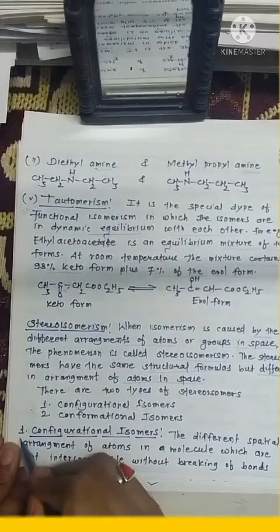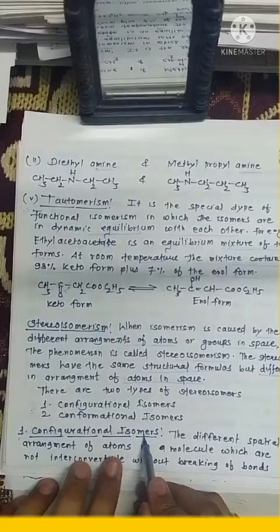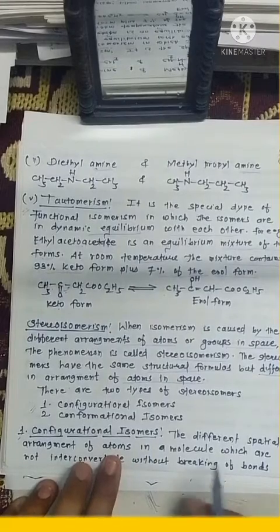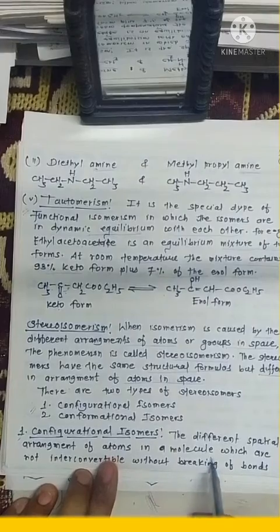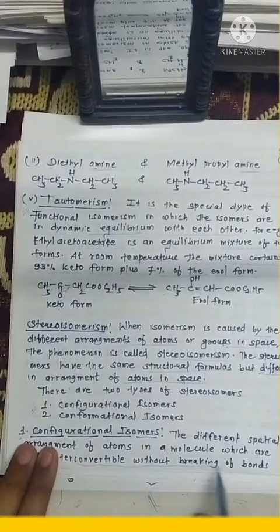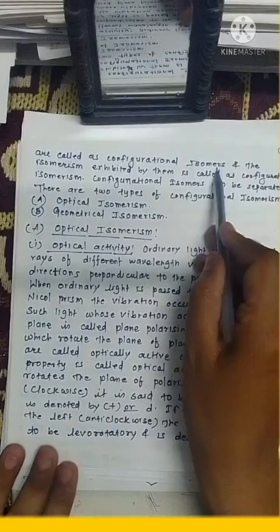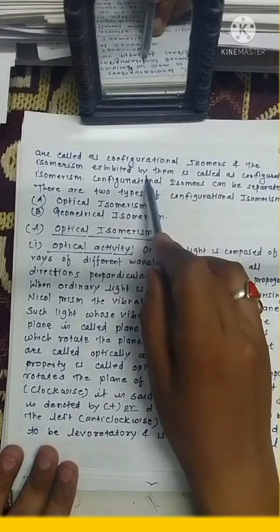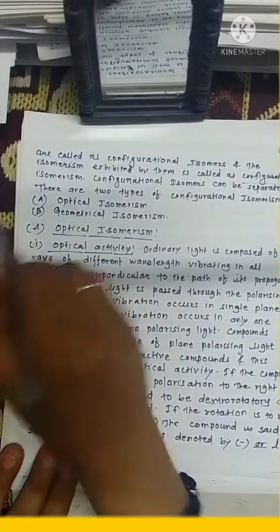Now we are going to discuss the topic of configurational isomers in detail. The different spatial arrangements of atoms in a molecule which are not interconvertible without breaking of bonds are called configurational isomers, and the isomerism exhibited by them is called configurational isomerism.